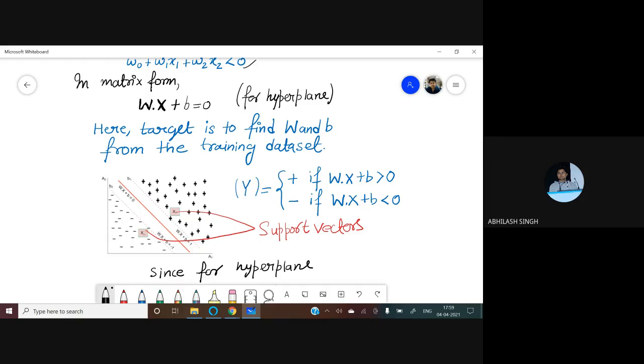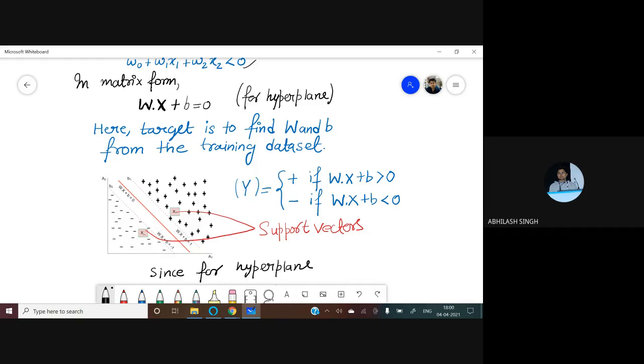In general we take w dot x plus b equal to k, but just for the sake of simplicity here we have taken 1, so that the mathematical part is a little bit easier and things are easy to understand.